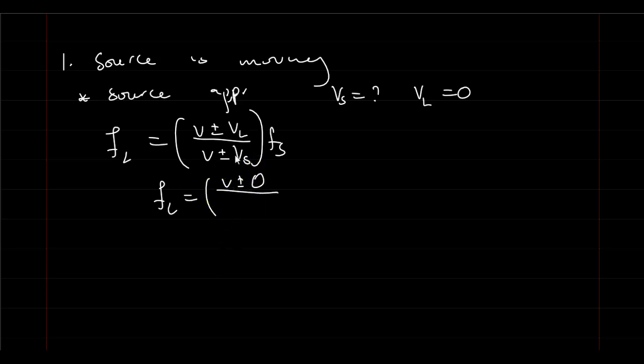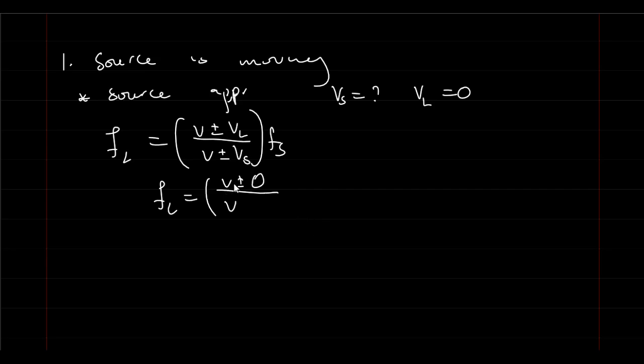Okay. So which one are we going to take here? Remember now, the source is approaching, and when the source is approaching, we are expecting the observer to record a frequency which is higher than the frequency emitted by the sound source.